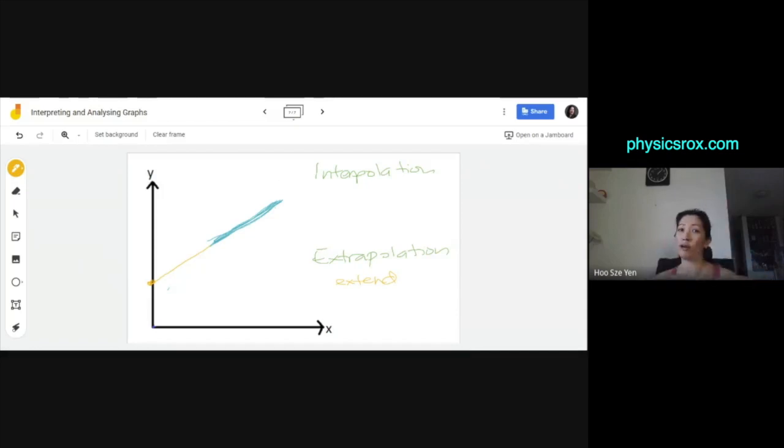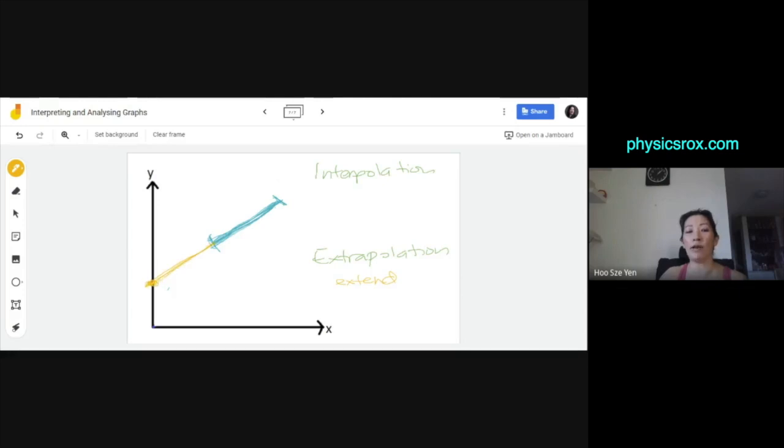But if you drew a graph and found the relationship between y and x, a straight line within your experiment range, then you can still predict the value outside your range by extending the line.